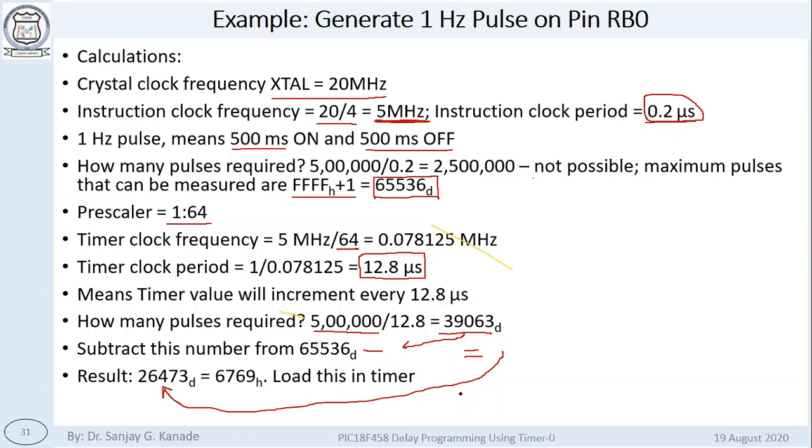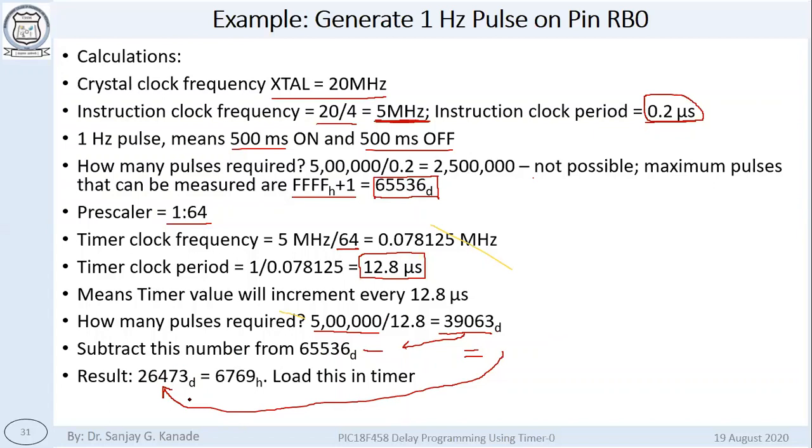I am talking in decimal numbers for the moment, right? 65536 is also decimal, 39063 is also decimal, and the subtraction is 26473, which is also decimal.